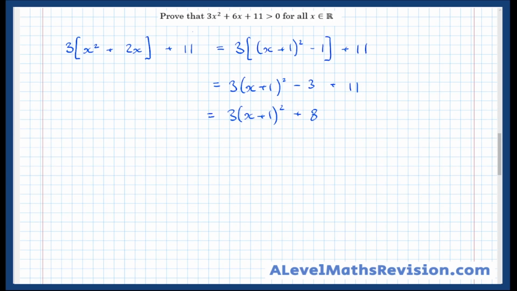And we can see now that this quadratic, now that we've written it in completed square form, has minimum value 8. Therefore, if it has minimum value of 8, 3x squared plus 6x plus 11 is bigger than 0. Done. Proved.